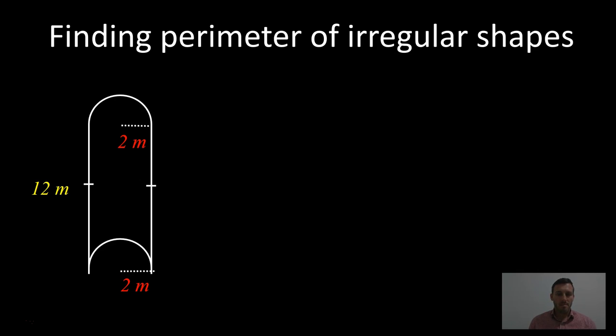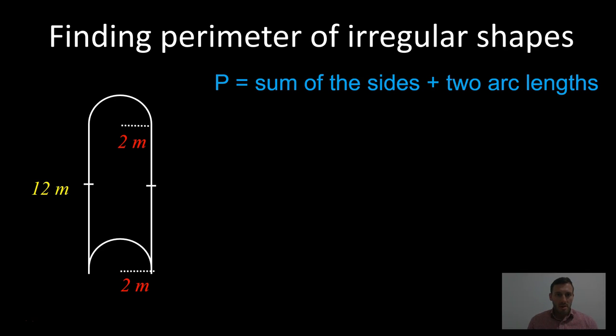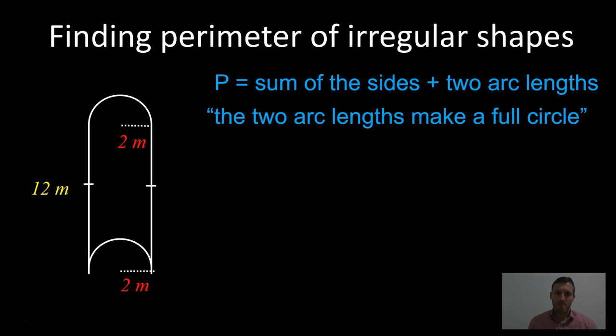Here we have an irregular shape. It looks like it's got 2 sectors, one on the top and one on the bottom, plus 2 side lengths. So the perimeter is the sum of the sides plus 2 arc lengths. In this case, the arc lengths look like they make a full circle, so we're just going to calculate the perimeter of the circle, which would be the same as calculating the 2 arc lengths, or 2 semicircles, and adding them together.